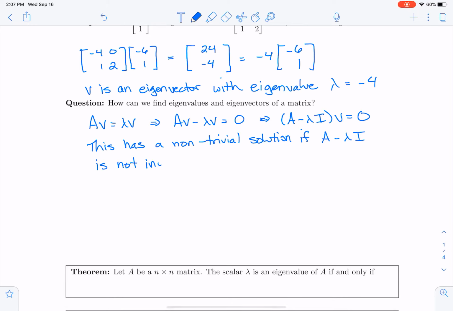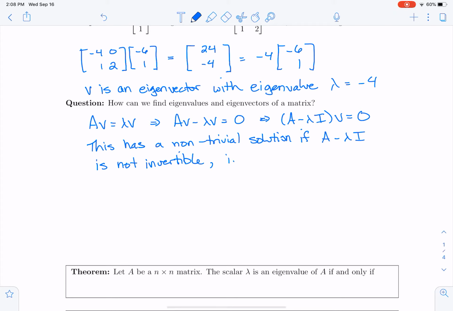So if that matrix is invertible, then the only solution is going to be V being the vector 0, 0, if we're using two-dimensional vectors, or V being the 0 vector. And the zero vector cannot be an eigenvector because if we go back to our definition, we said eigenvectors have to be non-zero vectors. So the only way that we can get a non-trivial solution is if the matrix A minus lambda I is not invertible.